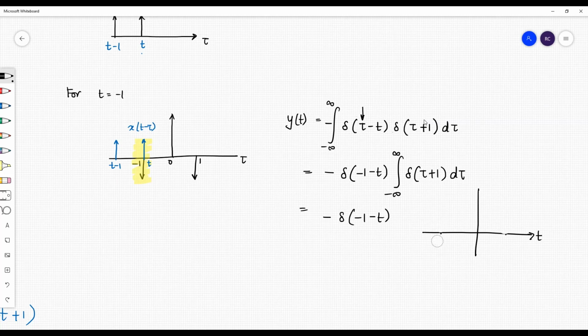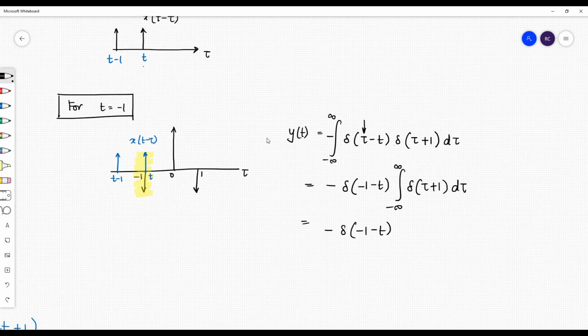That means it's not a positive impulse, it's a negative impulse situated at minus 1, right? So that's also the case that we were talking about for t equal to minus 1. So at t equal to minus 1, we will have an impulse of minus 1 strength located at minus 1.